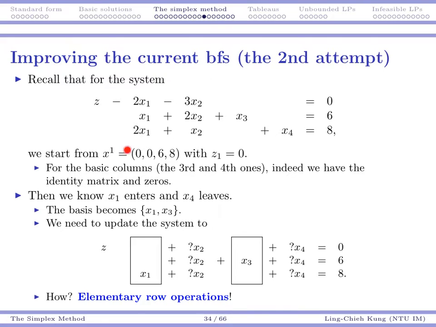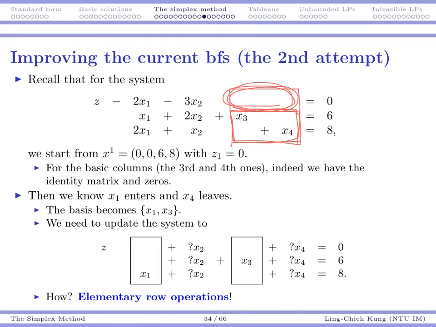We start from this particular solution, and the basic columns are the third one and the fourth one, which is here. Right? You see that here we indeed have an identity matrix, which is good. And here, this is a zero vector. So basically, that's why for the first iteration, everything looks so okay, because we are satisfying our requirements.